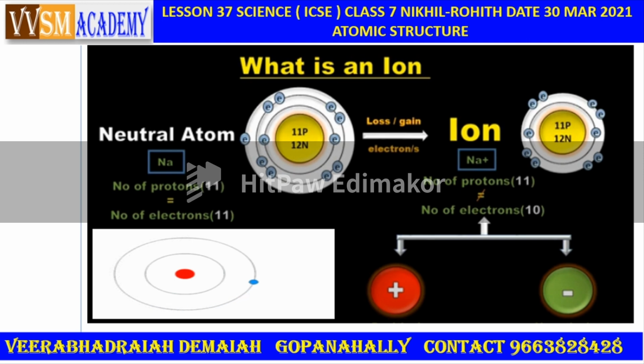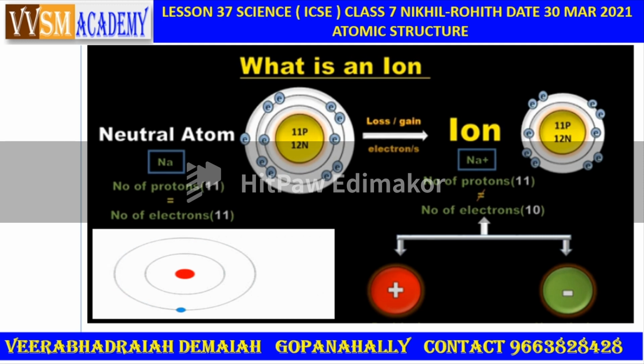Neutral atom, for example, sodium. Sodium has 11 protons, 11 electrons, and 12 neutrons. The number of protons, 11, is equal to the number of electrons, 11. That's why the sodium atom as a whole is neutral. Suppose it loses its outermost orbital electron.